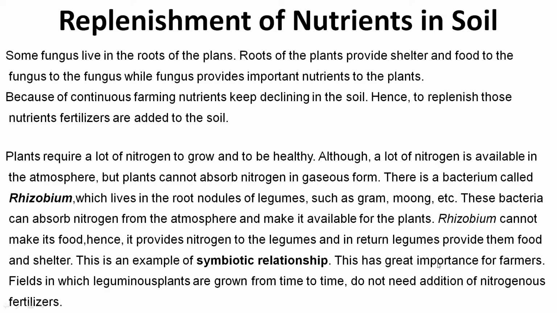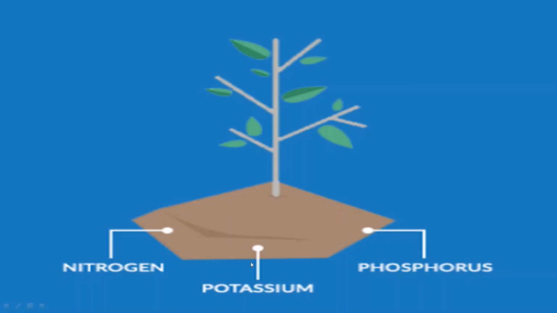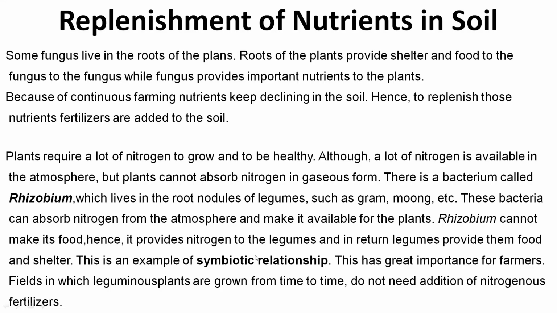This has great importance for farmers. Why? Because fields in which leguminous plants are grown from time to time do not need addition of nitrogenous fertilizers. So you can see how the symbiotic relationship or the symbiotic mode of nutrition is ultimately helping the farmers also.